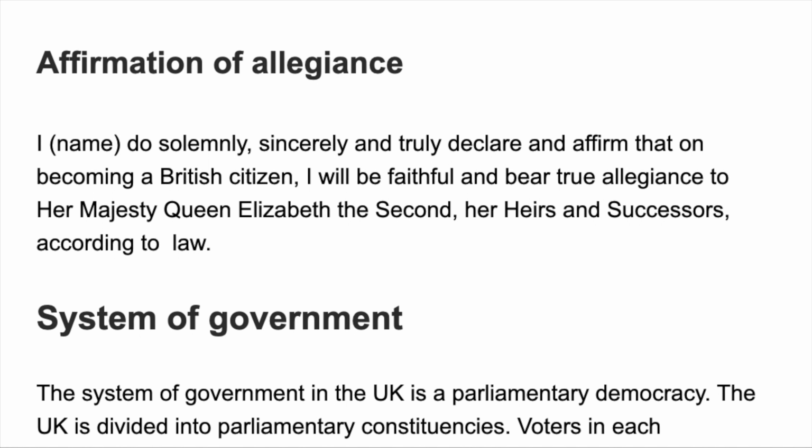I, my name, do solemnly, sincerely and truly declare and affirm that on becoming a British citizen, I will be faithful and bear true allegiance to Her Majesty Queen Elizabeth II, her heirs and successors, according to law.